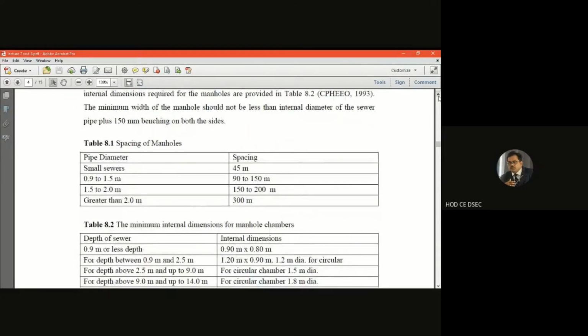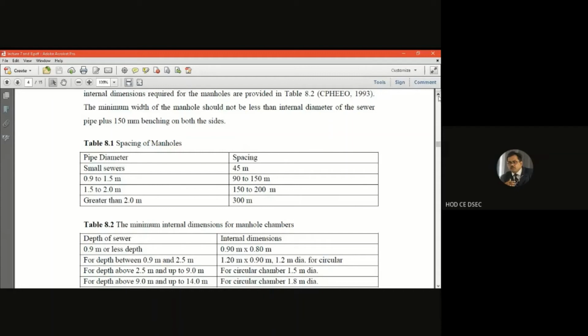Now the diameter of the sewer line we have categorized in 4 categories. Small sewers up to 0.9 meter, their spacing is 45 meter, that is one category. For 0.9 to 1.5 meter, the spacing we have to maintain for operation and maintenance is 90 to 150 meter.